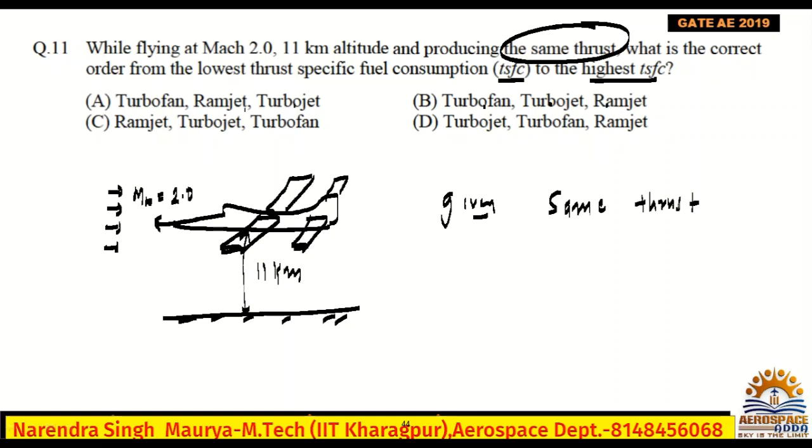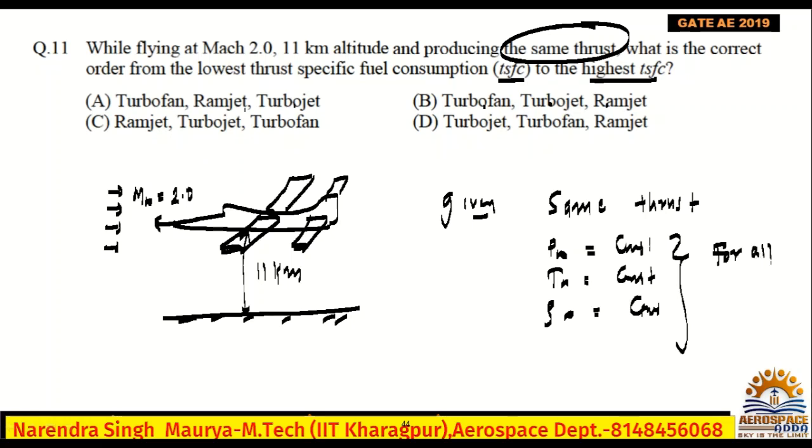And for all three engine-based aircraft having the same altitude, the atmospheric pressure is constant, temperature is constant, so all the atmospheric condition is now constant for all three engine-based aircraft. Yes or no?